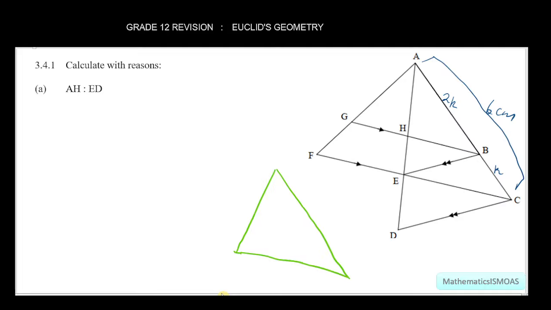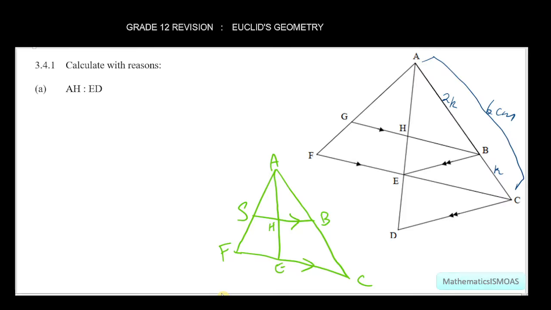Here is our triangle AFC. And we also have AE, and we also have GHB. Here is HGB, and we know that GB is parallel to FC.